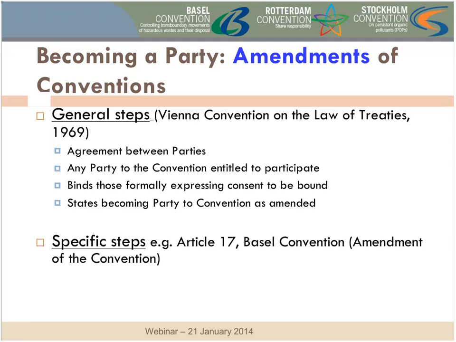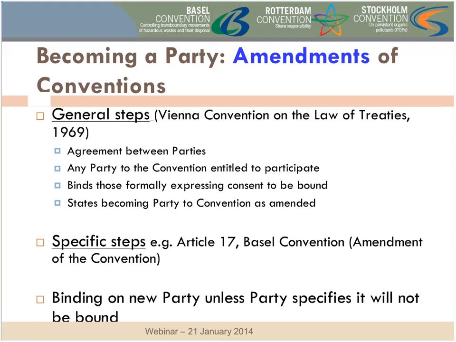There are also similar provisions within the Stockholm and Rotterdam Conventions relating to amendments, and there are procedures set out in each of the conventions for amendments of the conventions themselves as opposed to amendments of the annexes. And again, the amendment would be binding on a new party unless it specifies otherwise when it becomes a party.